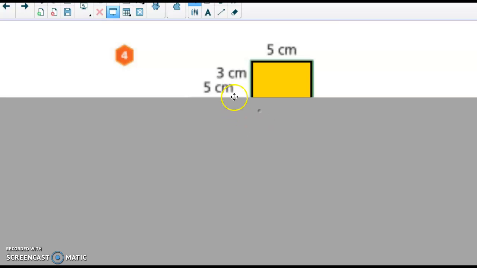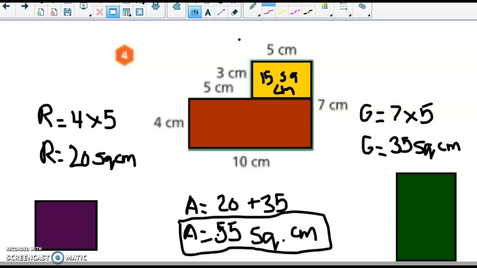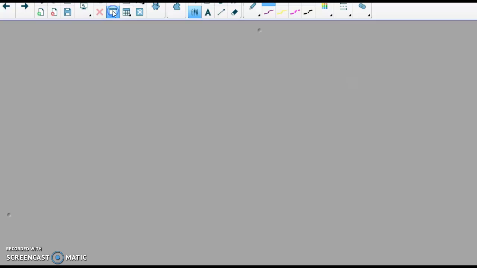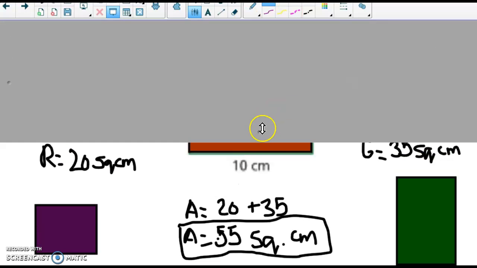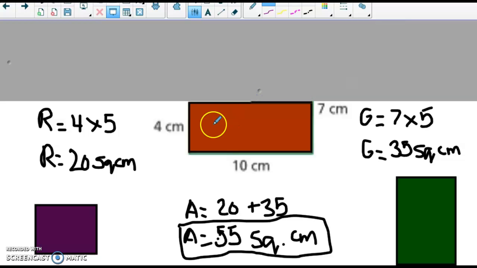Alright, so if I were to look at the yellow rectangle, the dimensions would be 3 by 5, and 3 times 5 would be 15 square centimeters. Okay, and then if I look at my brown rectangle, the dimensions are 4 by 10, so 4 times 10, that would be 40 square centimeters.